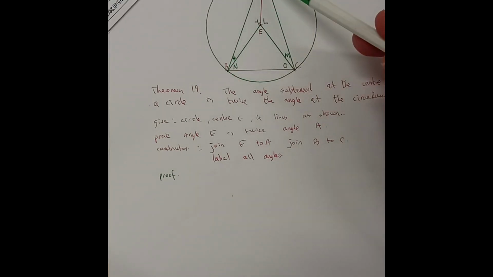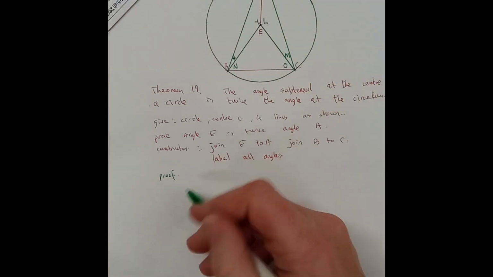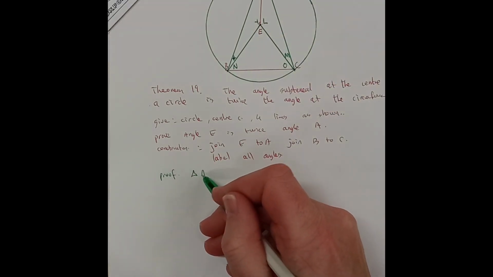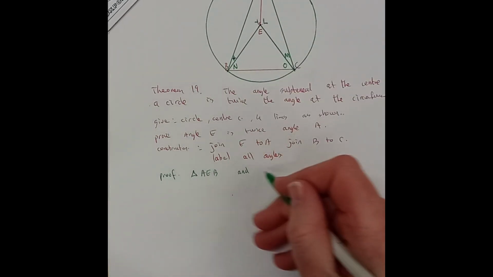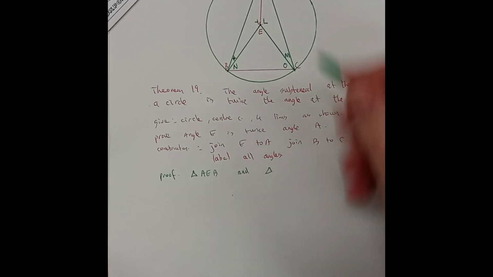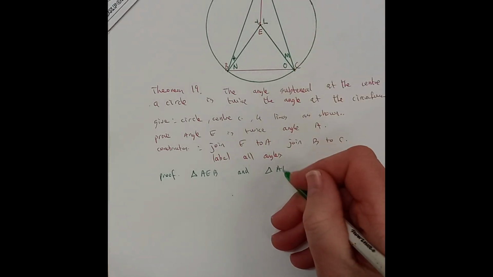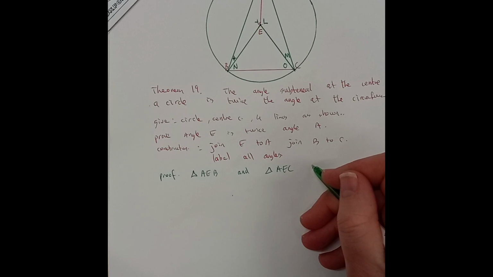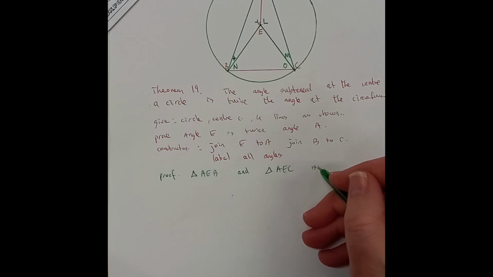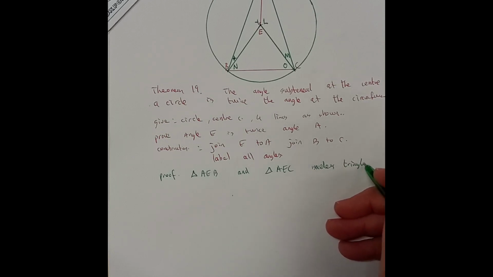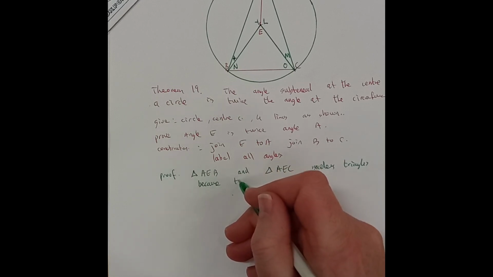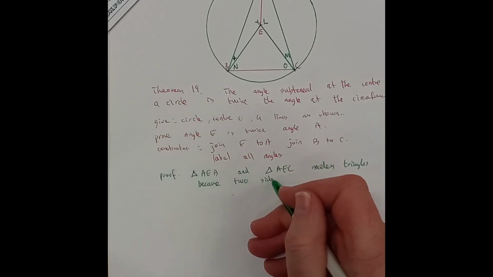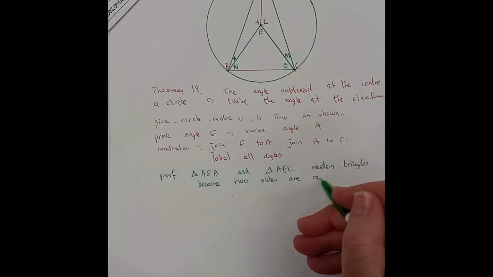The triangle AEB, and the triangle AEC, they're isosceles triangles because two sides are the radii.